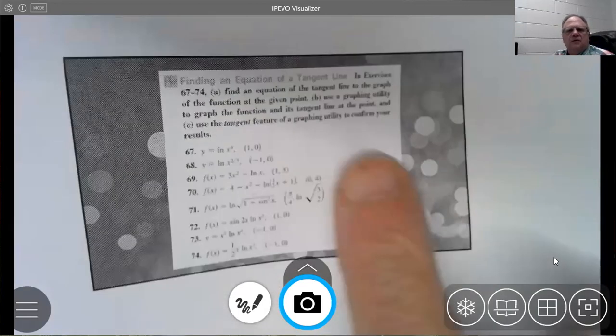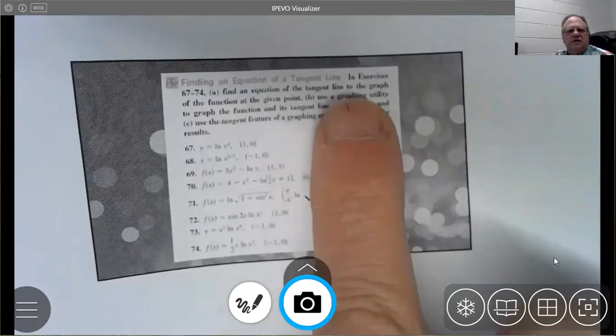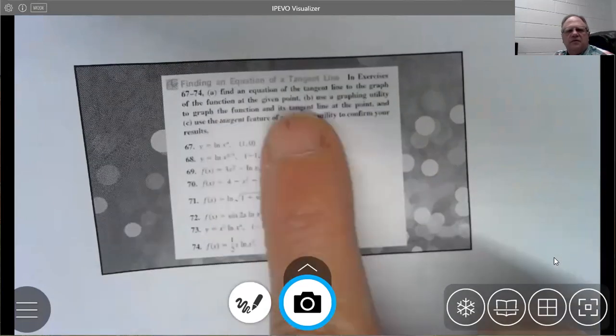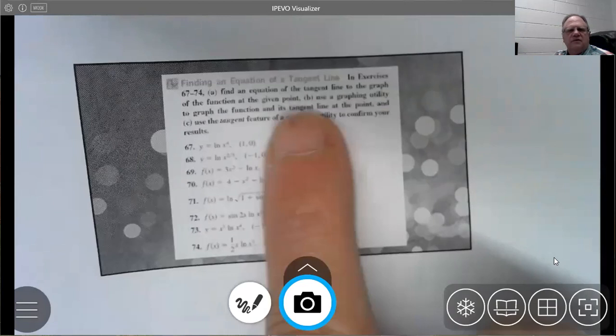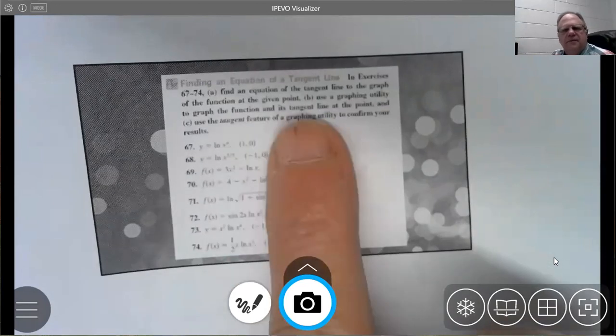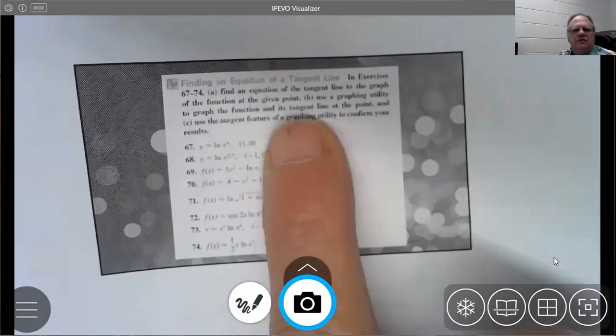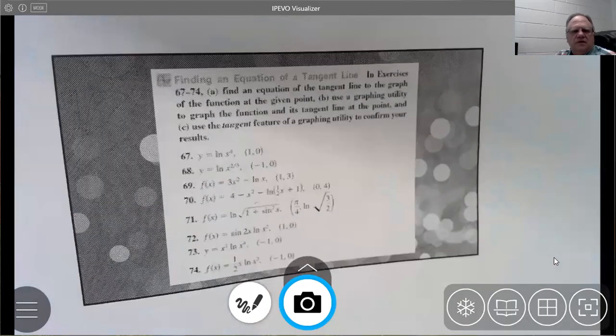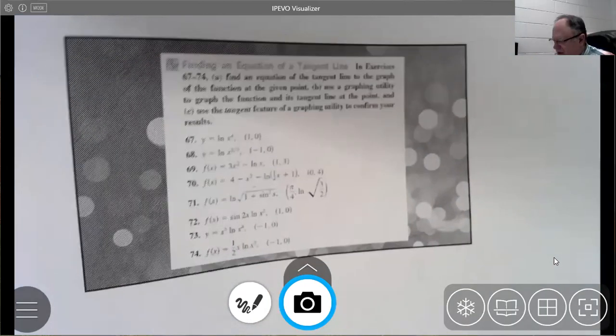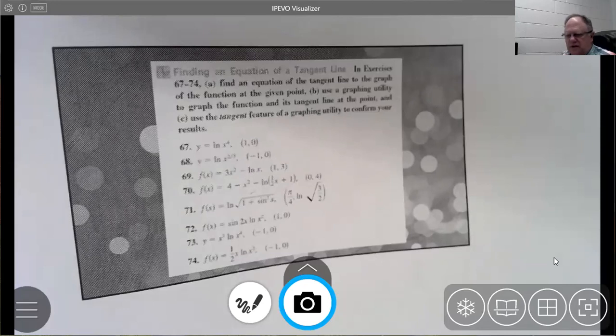Okay, so we're going to find an equation to a tangent line, graph the function, give a point, and graph the tangent line and the point, and use the tangent feature. So basically, all I'm interested in is writing the equation. So we're going to do problem number 69.